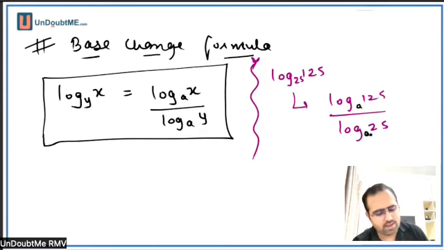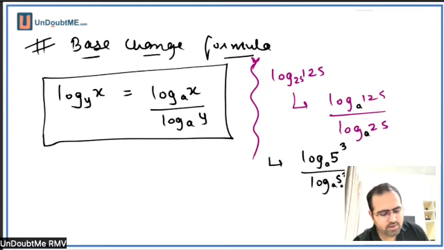I'm just writing A. Next step, log of 125 can be written as log of 5 cube upon log of 25 can be written as log of 5 square.